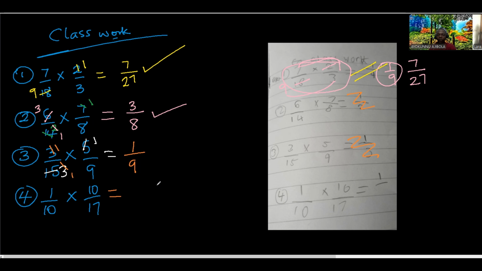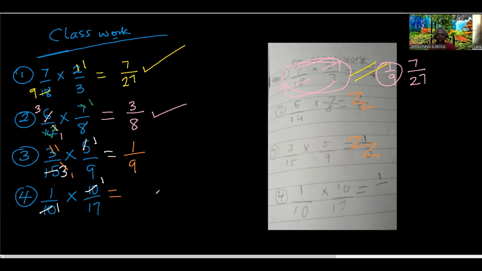Now, the last one, think about this last one. Though you told me you don't know what to do in the last one, but think about it. Do you think you know what to do right now? Check it very well. I just know the top one is 1. Wait a minute. Check the number at the top that can divide the number at the bottom. That's what I'm telling you. What number? 10. So is that not what you're supposed to do? 10 here, 1, and 10 here, 1.